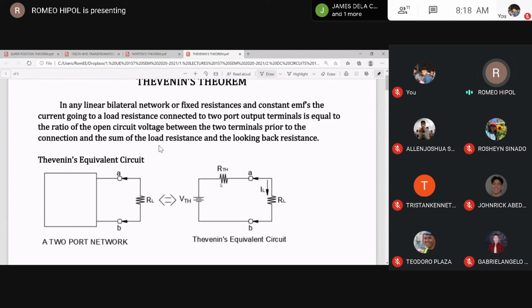So, ito yung Thevenin's resistance. It is also called the looking back resistance. And then, after calculating the Thevenin's resistance, is to get the equivalent Thevenin's voltage. So, ano ba yung pinagkaiba ng dalawa? So, mamaya ipapakita natin sa example yung process.